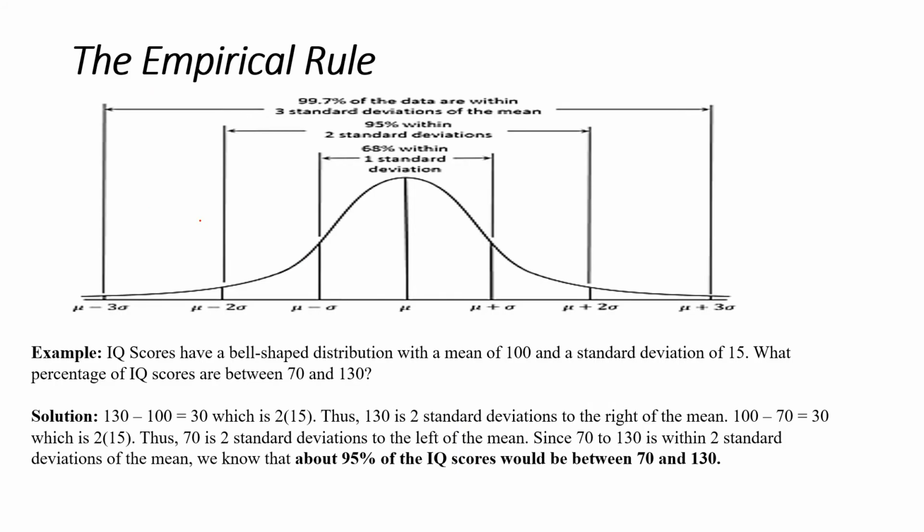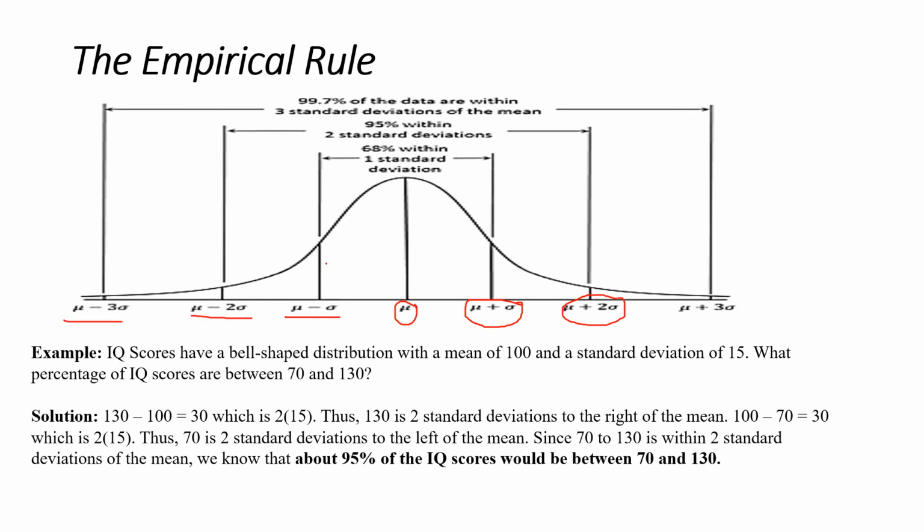So let's move on. There is one empirical rule which is applicable to the normal distribution. Here I have drawn a normal distribution where this middle point is my mean, then mean plus 1 sigma, mean plus 2 sigma, mean plus 3 sigma, and similarly towards the left, mean minus 1 sigma, mean minus 2 sigma, mean minus 3 sigma.